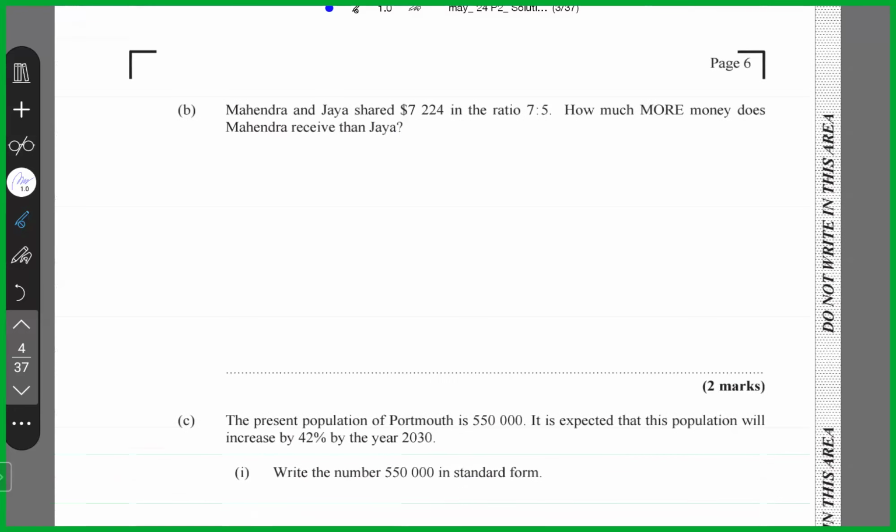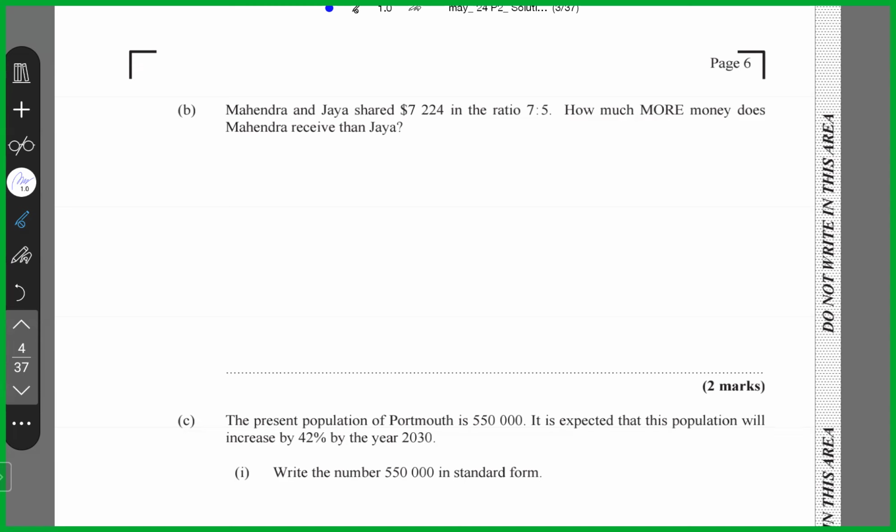Now, here's what this says. Mahendra and Jaya shared $7,224 in the ratio 7 to 5. How much more money does Mahendra receive than Jaya?